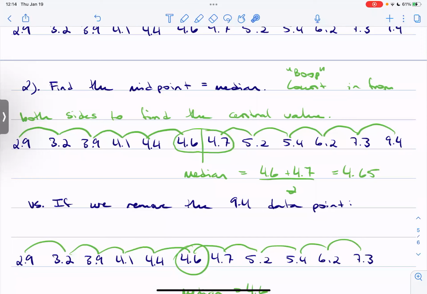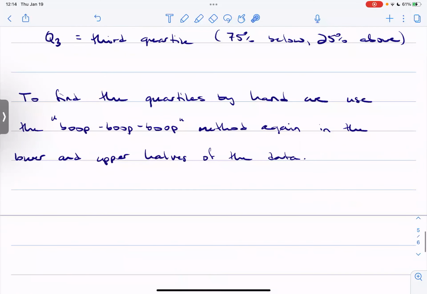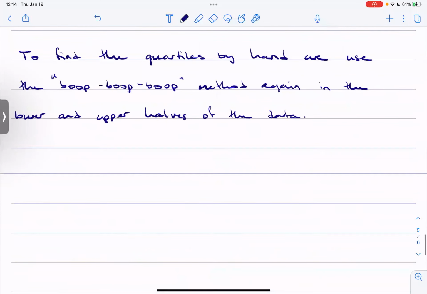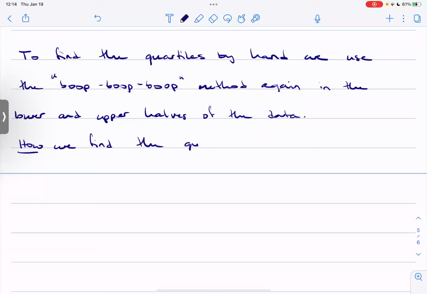It's just when you're doing it by hand, you have to follow these rules. That's just how it is. Depending on how we find the quartiles depends on how we found the median.